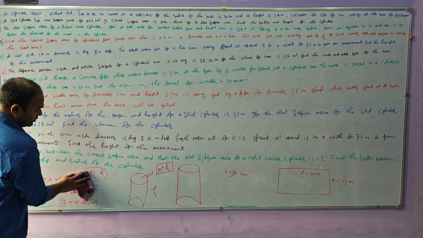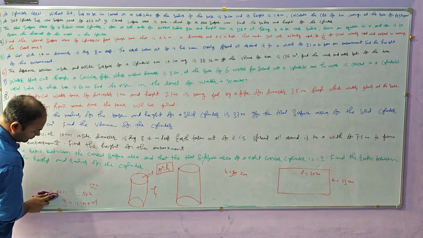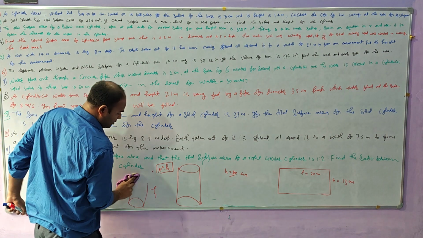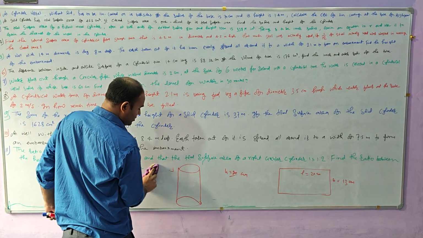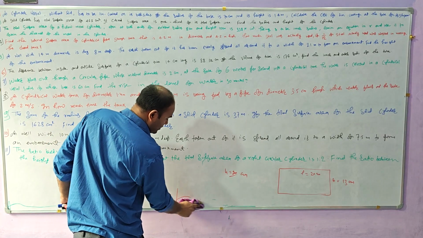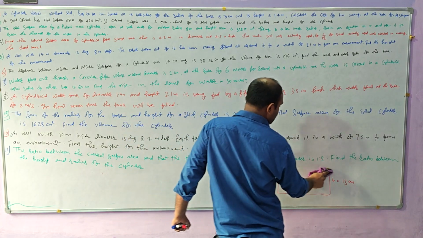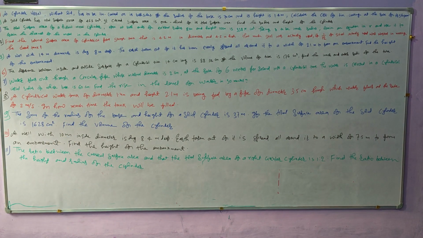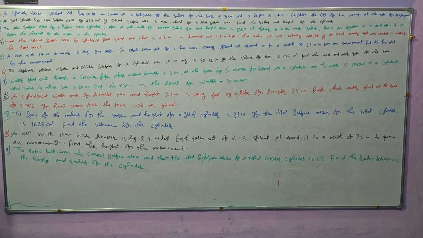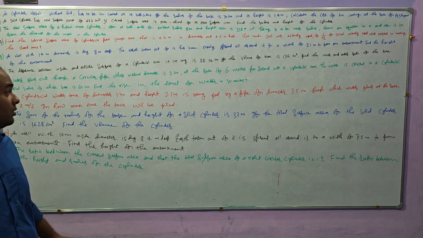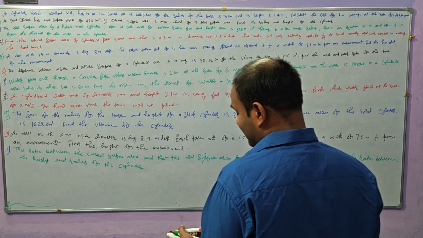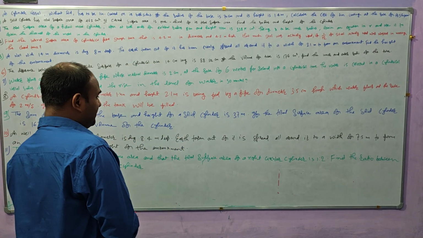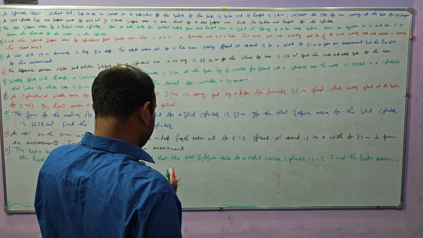Now we have a question. The ratio between the curved surface area and the total surface area of a right circular cylinder is 1 is to 2.